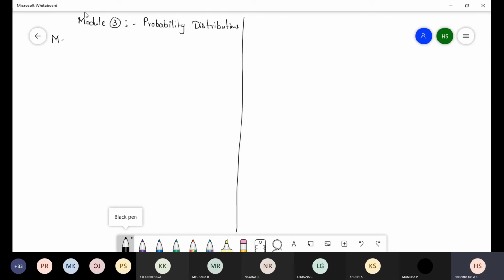So here I write mean. You all know mean, variance and standard deviation. Mean, that we will denote as mu. So I will write summation of xi into p of xi. Here p of xi is the probability distribution. Next, variance.